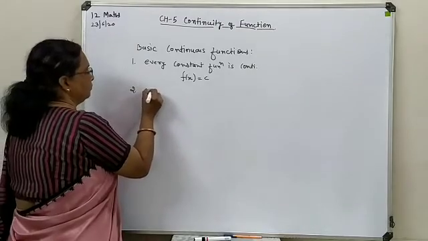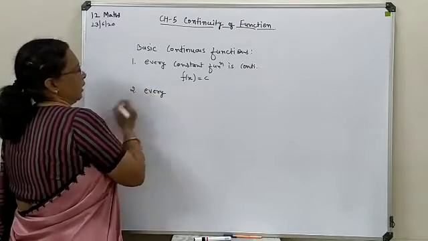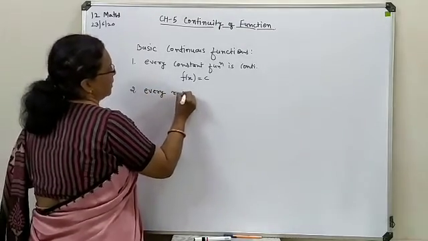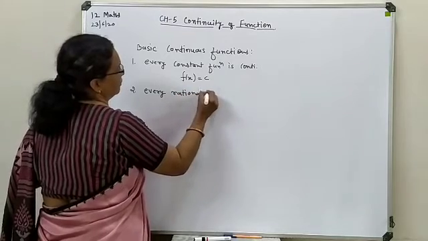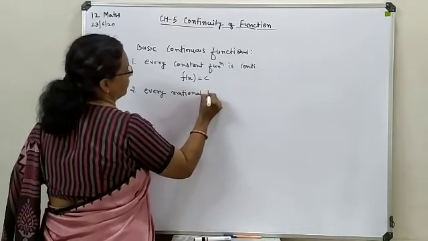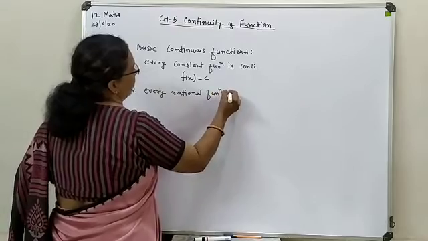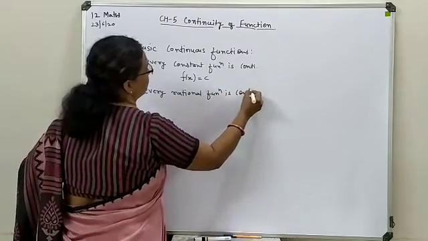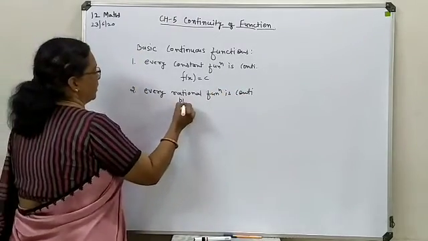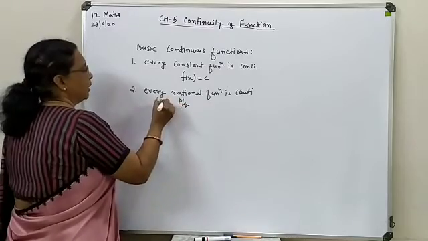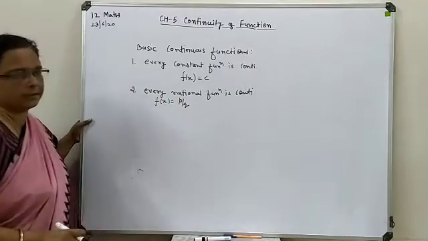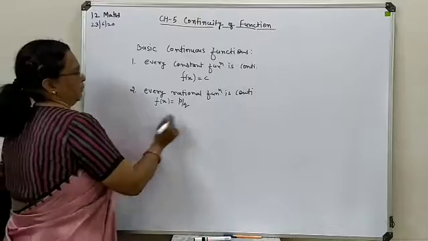Second, every rational function is continuous. Rational function you are all clear about, which can be expressed in the form p by q, that is also considered a continuous one.